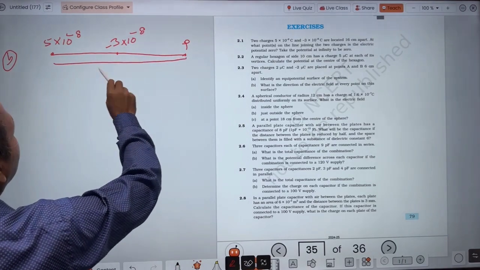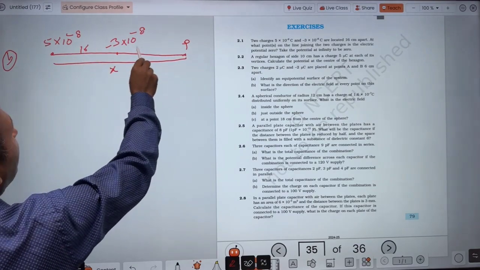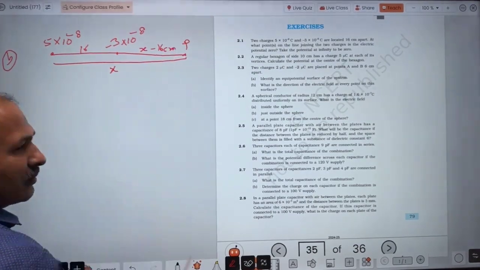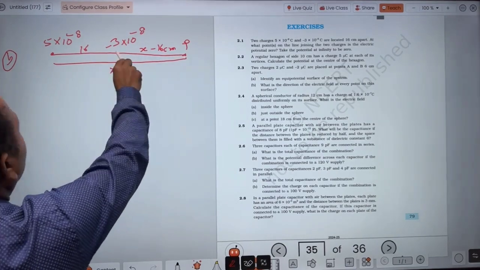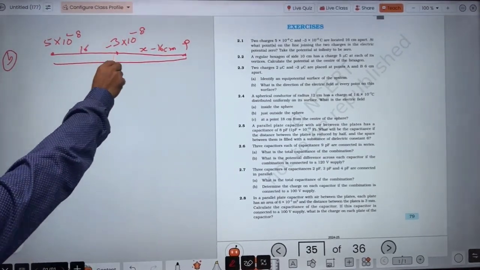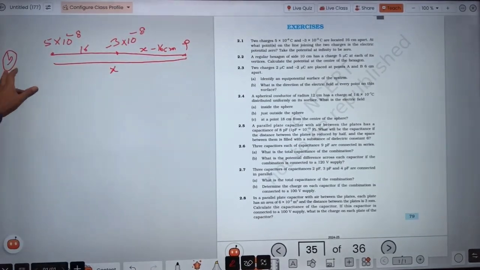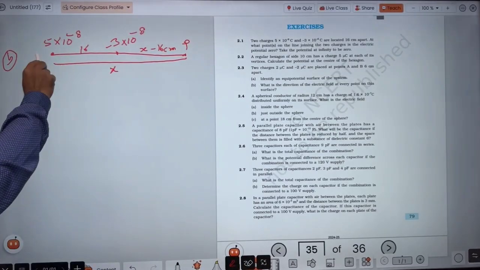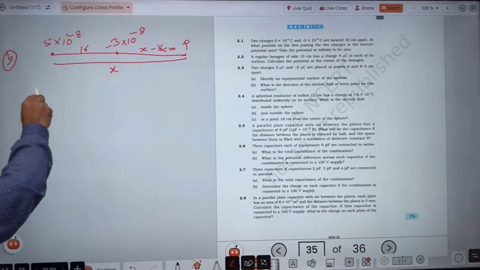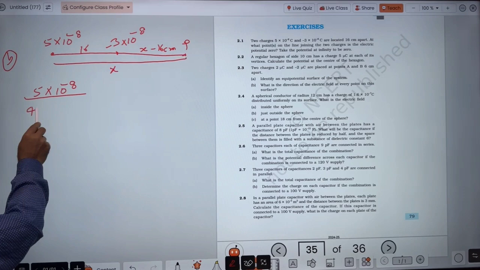So due to the first charge, the distance is suppose x, and this is 16 centimeter. 5 into 10 power minus 8 divided by 4 pi epsilon naught and separation x, in centimeter so 10 power minus 2, must be equal to 3 into 10 to the power minus 8 divided by separation x minus 16 into 10 to the power minus 2, and 4 pi epsilon naught.